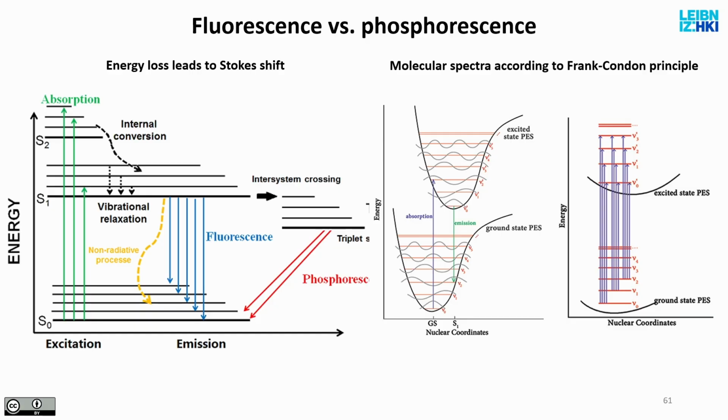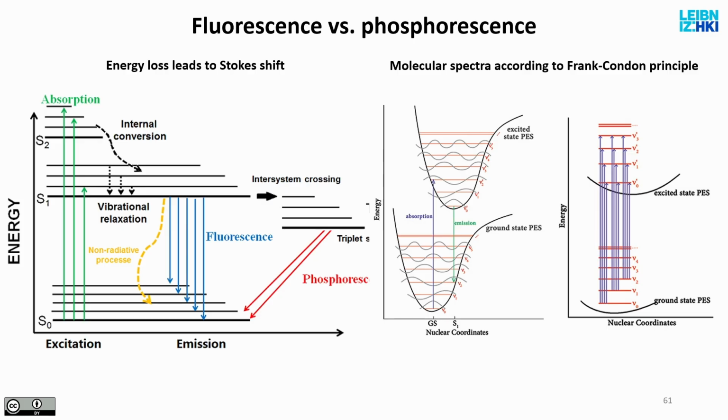Because of this so-called internal conversion, it's a self-relaxation of the molecule. This means that the color of the incoming photon will be different from the color of the outgoing photon.